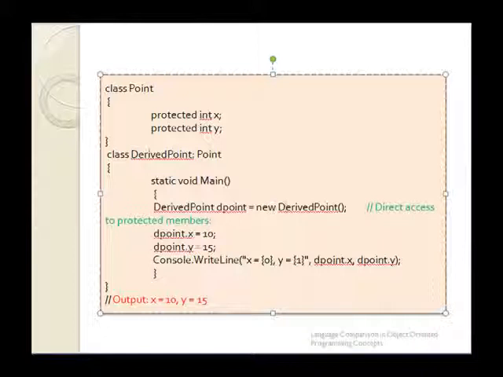So this is direct access to the protected members when you use dePoint.x. dePoint.x means we can access this protected data, and dePoint.y is equal to 15. That's what we use here. When we type this program and compile, you can see output like this. Okay, next we move on.